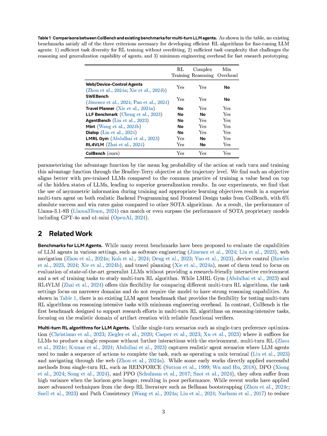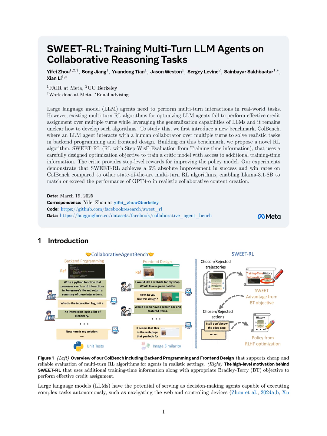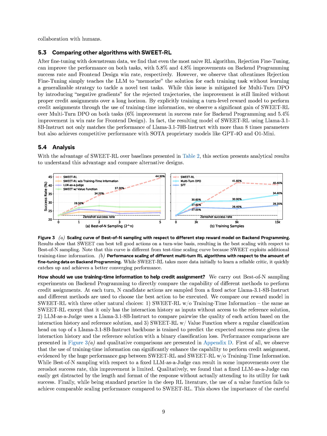Furthermore, the resulting model using LLM-A3.1-8B instruct not only matched the performance of the larger LLM-A3.1-70B instruct model, but also achieved competitive results against proprietary models like GPT-4o and o1 Mini.